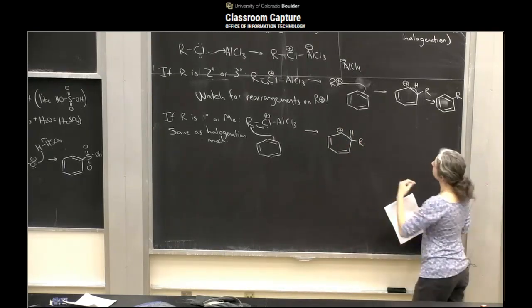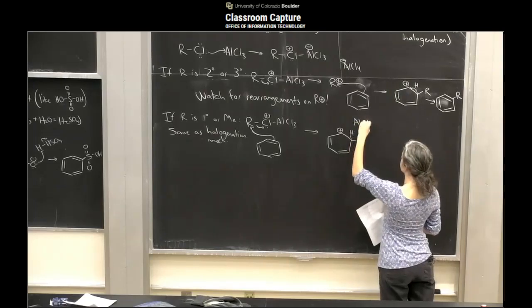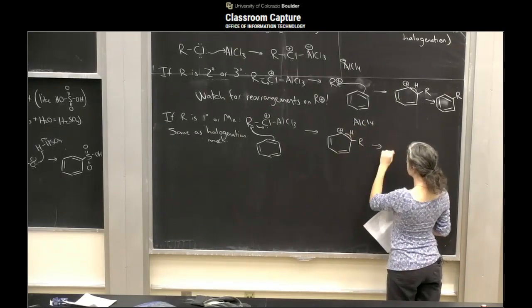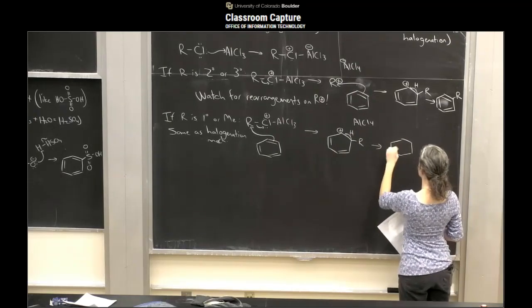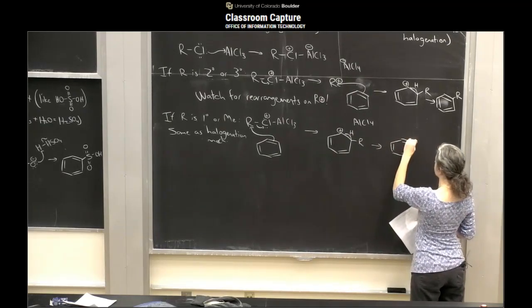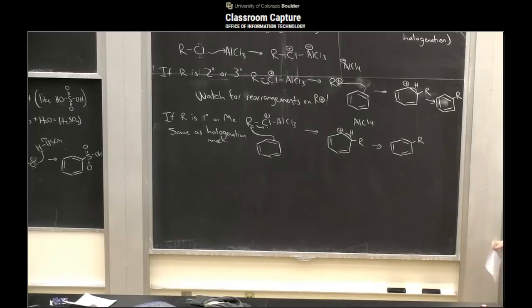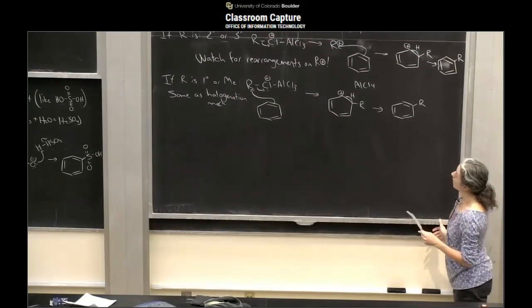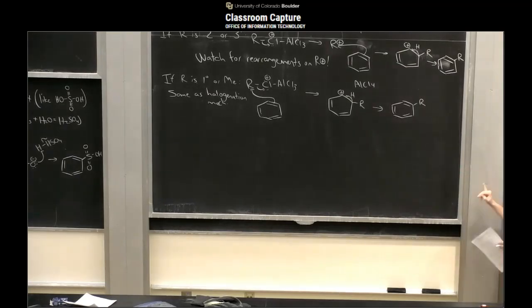And then you're still generating the same byproduct, and you still need to get rid of an H to get your final product. Okay. So, questions about those two?